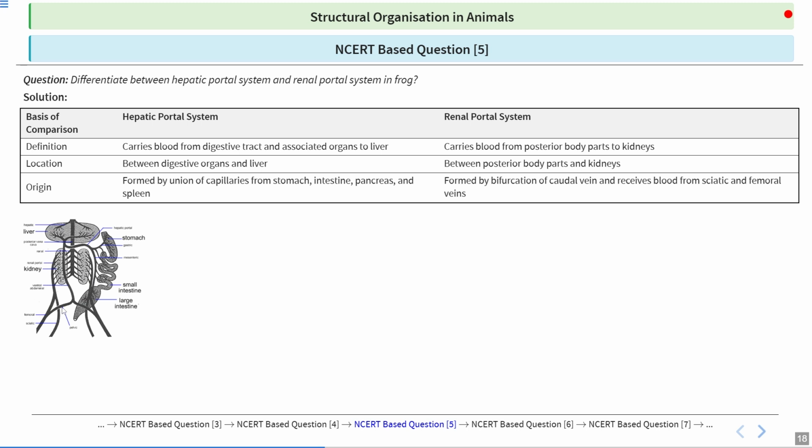The three different veins coming from the lower parts of the body join together, this femoral and sciatic. You can see here they join and enter the kidney, and emerge out as one vein. So this is the renal and hepatic portal system.